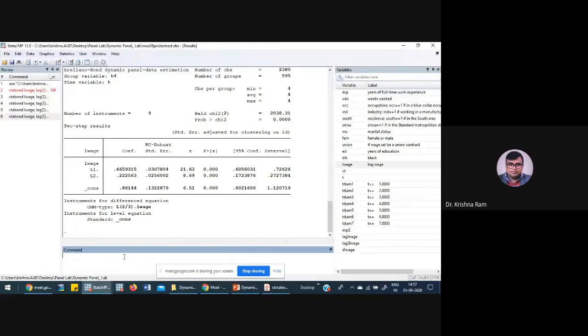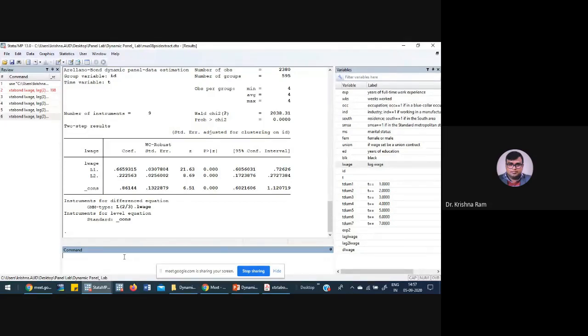So in a vector autoregressive case, we need to determine the optimum lag length, and that we do using the Akaike and Schwarz information criteria. You run different models, record the AIC and BIC statistics, and at the end we compare which one gives a lower value of AIC and BIC, and whichever gives the lower value, we go with that.